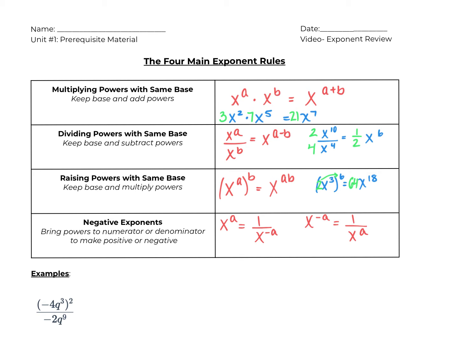What I did for the equivalence: it was negative in the denominator, so we bring it up to the numerator to be positive. If it's negative in the numerator, we bring it to the denominator to be positive. Let's just do an example and see how we do with these.